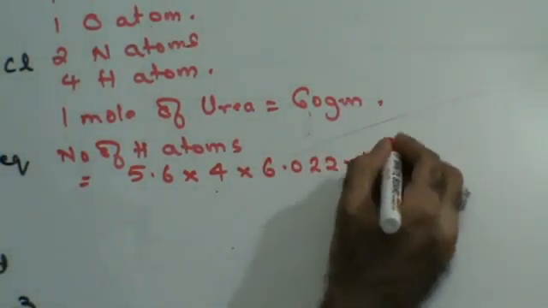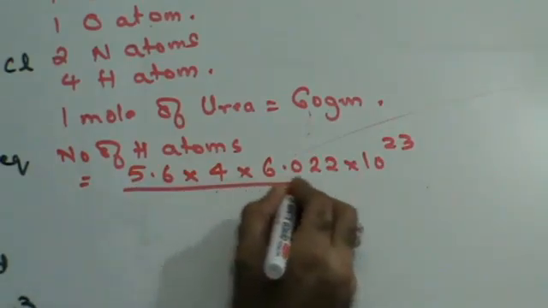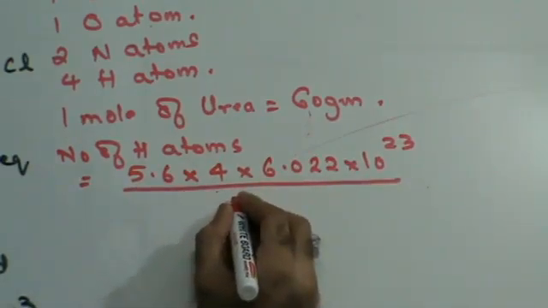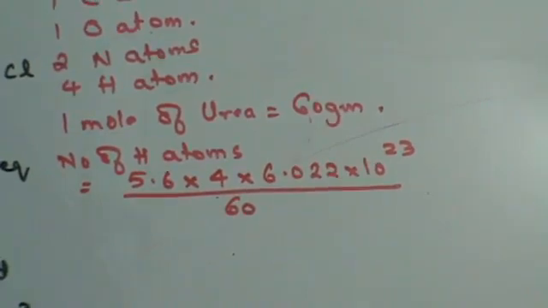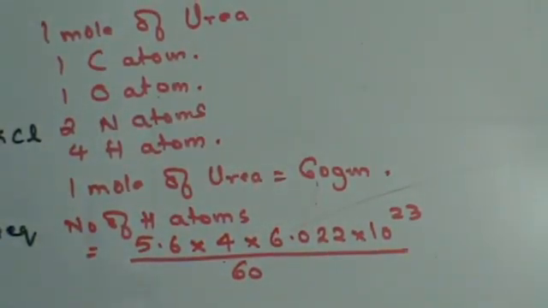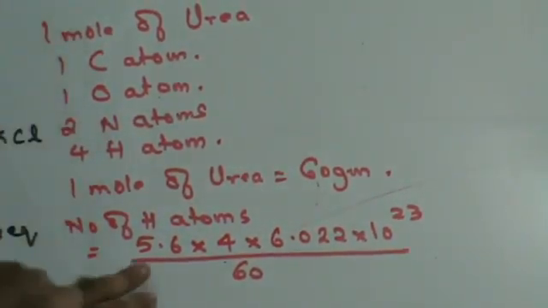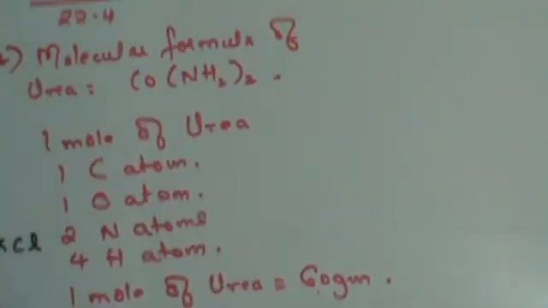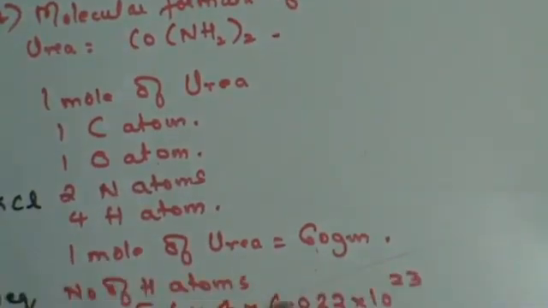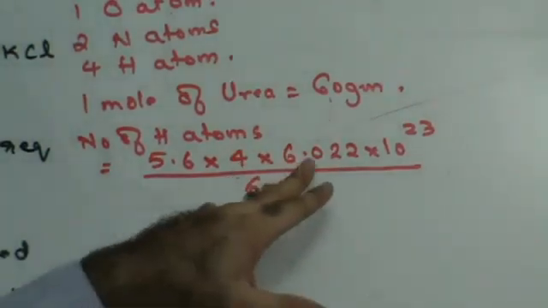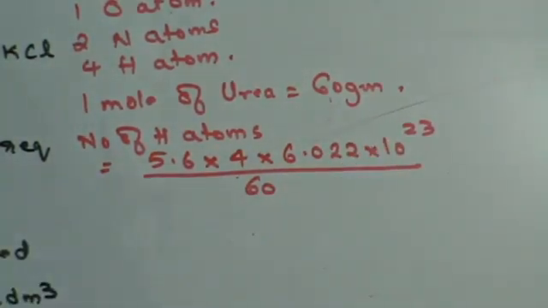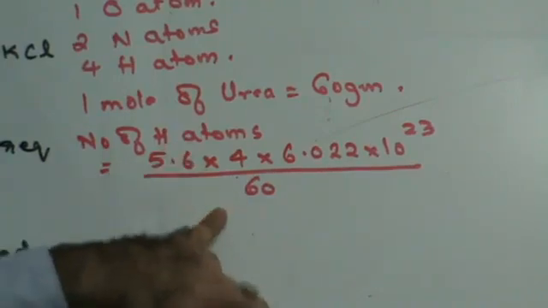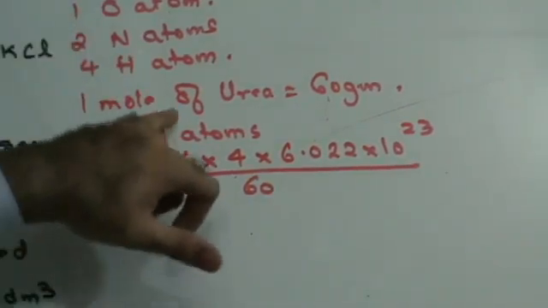There are 4 atoms in one molecule. To convert from grams to the number of atoms, you multiply by the conversion factor, which is Avogadro's number, 6.022 into 10 raised to 23, and divide by the molar mass.